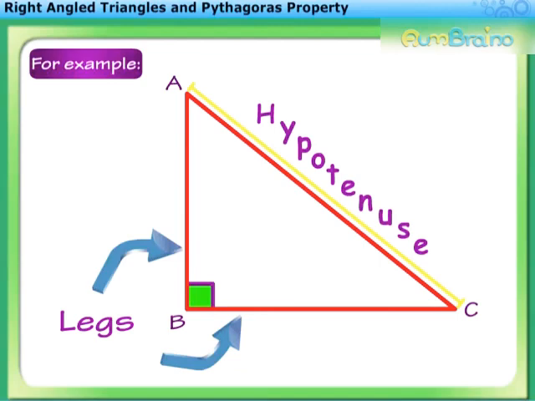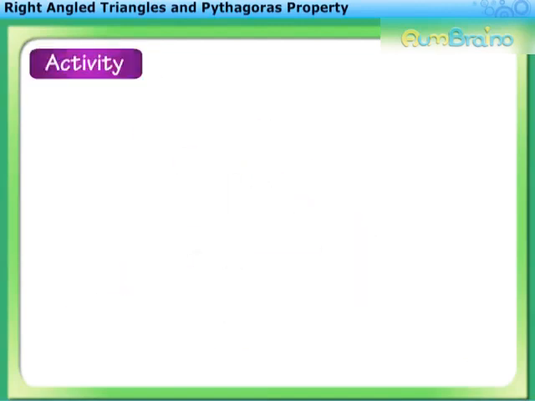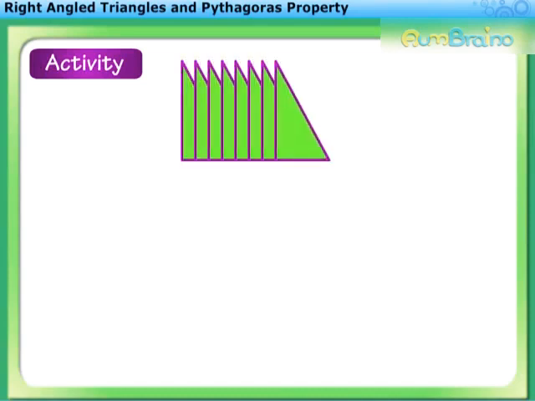Now let us perform an activity to understand the Pythagoras property. For this, make 8 identical copies of a right-angled triangle, say triangle PQR, as shown, with length of the hypotenuse as A units, and the legs as B units and C units.